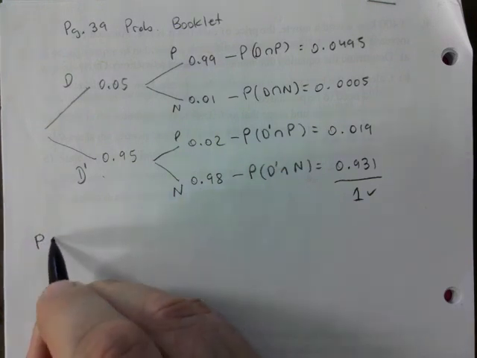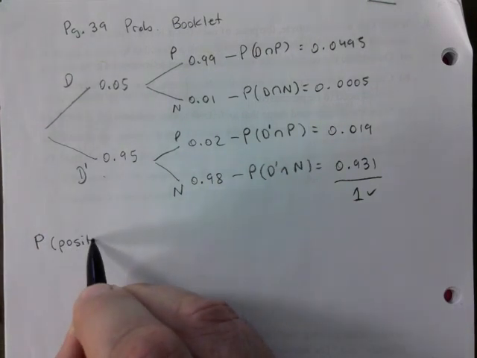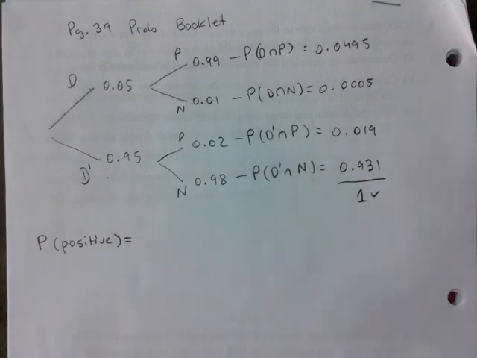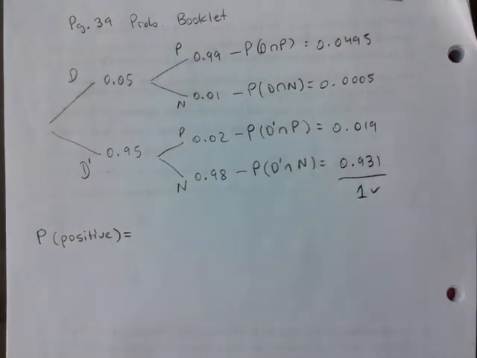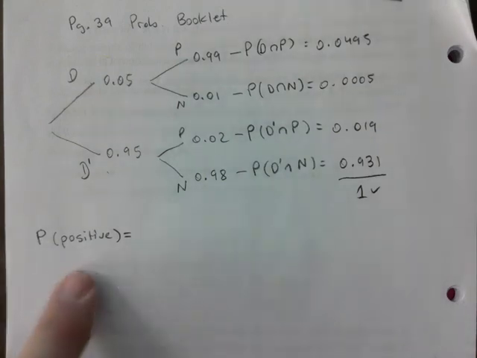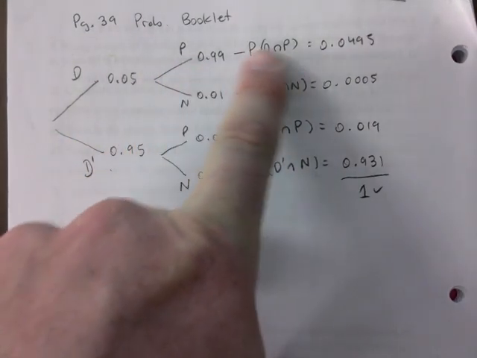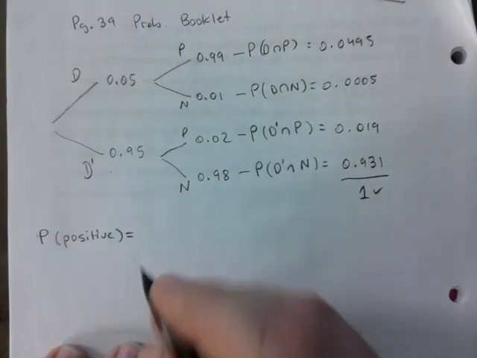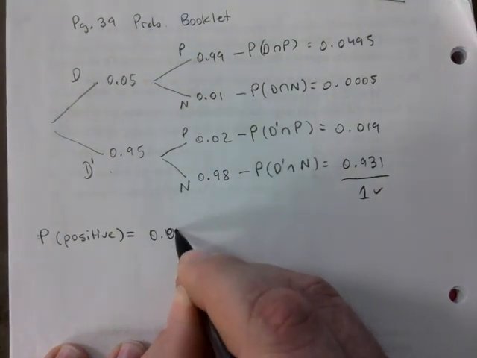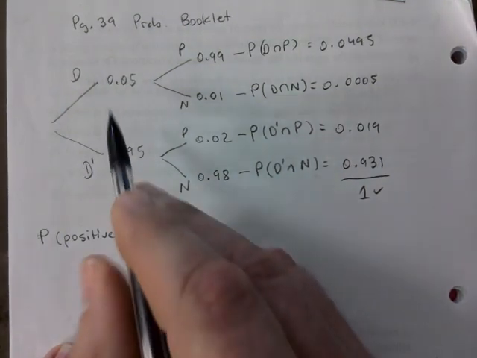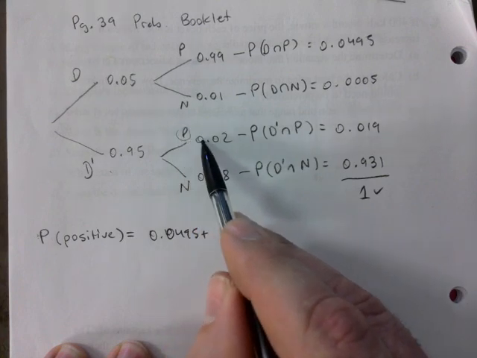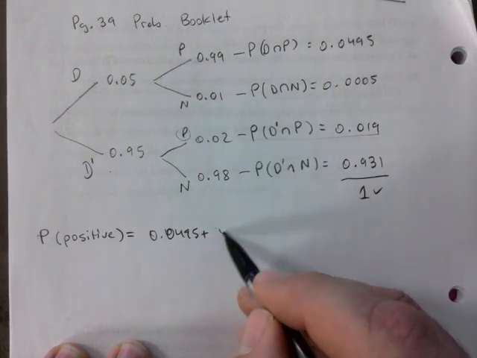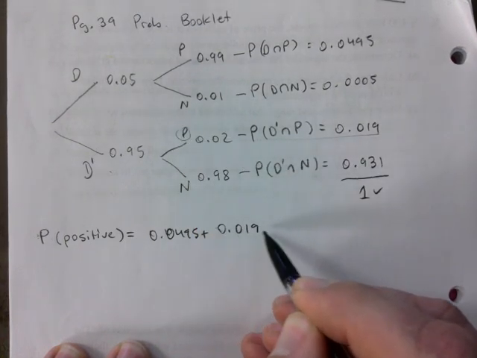What's the probability of testing positive? If the question just asked you that, probability of positive, what would you do? Where do you have a positive? There. And you have a positive right here down this branch, a 0.019.